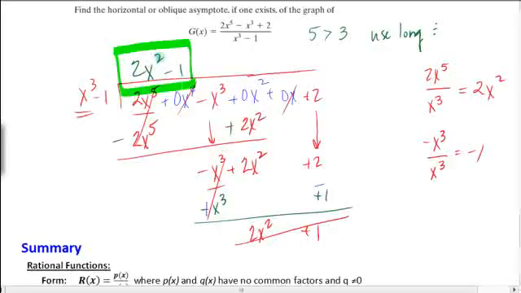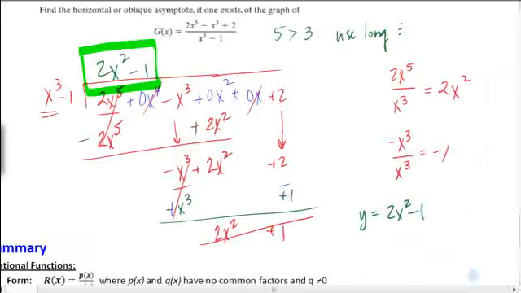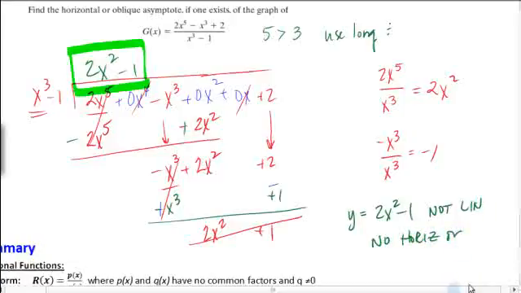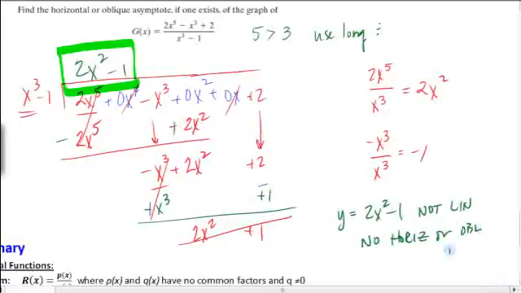Notice that this part that is left is actually something raised to the second power. This is not a linear function anymore. This would be considered a quadratic function. Well, I'm only interested in linear functions, so since y equal to 2x squared minus 1 is not linear, then there are no horizontal or oblique asymptotes.